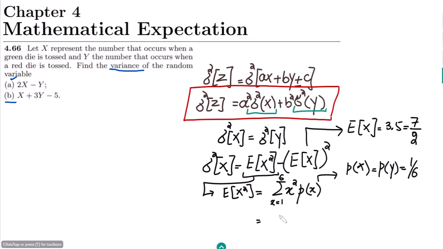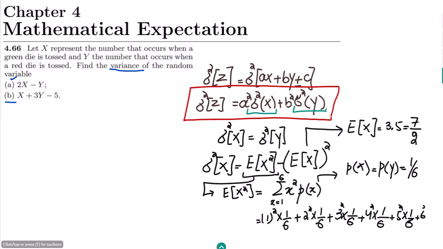So therefore, taking it and writing all the values here, we would get 1 square multiplied by 1/6 plus 2 square multiplied by 1/6 plus 3 square multiplied by 1/6 plus 4 square multiplied by 1/6 plus 5 square multiplied by 1/6, plus 6 square multiplied by 1/6.